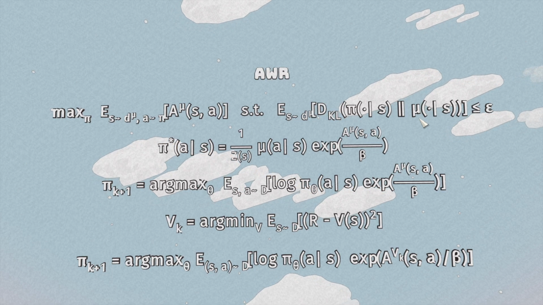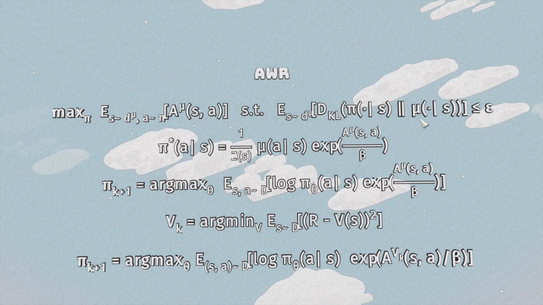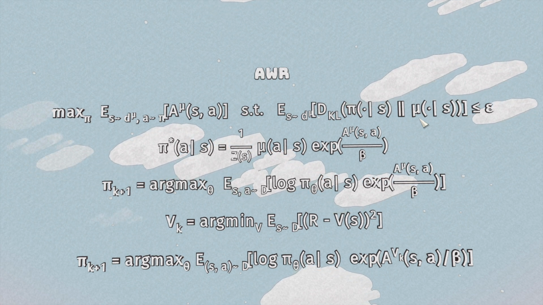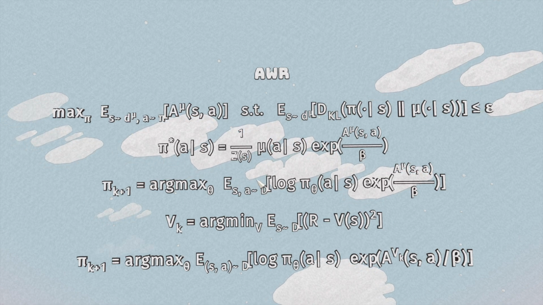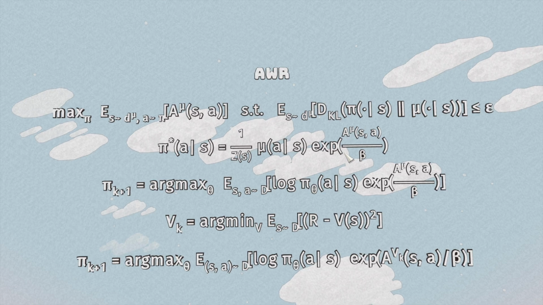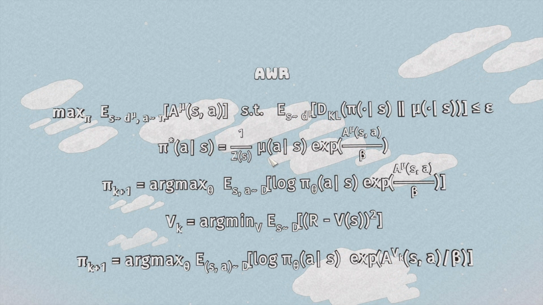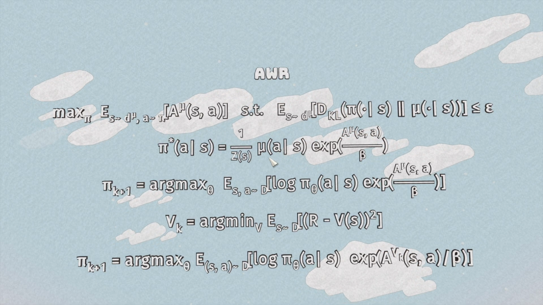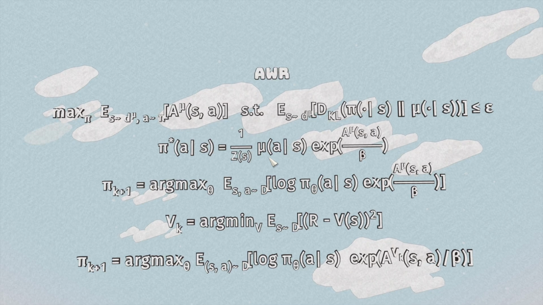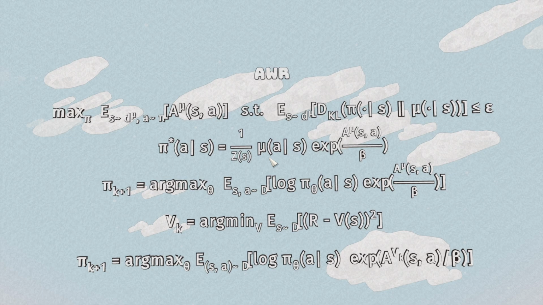The Lagrangian setup is the calculus of variations argument that MPO also uses: a linear objective in pi, a KL constraint, a per-state functional derivative, and it yields the same Boltzmann form as pi star equals 1 over the partition function times mu of a given s times the exponentiated advantage over beta.